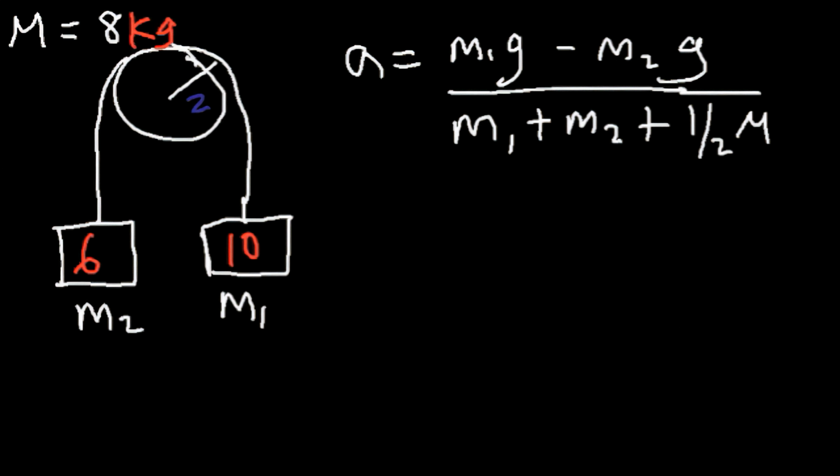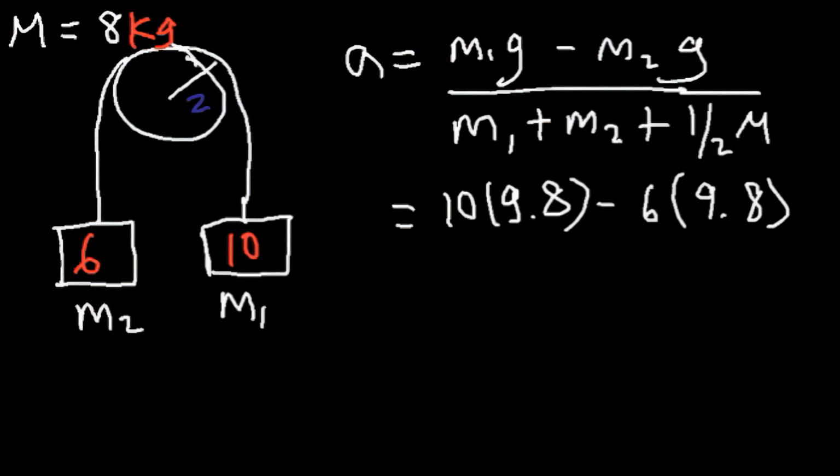So this is going to be the acceleration of the system. So m1g, that's 10 times 9.8 minus m2g, or 6 times 9.8, divided by the total mass. m1 is 10, m2 is 6, plus half of the mass of the pulley, which is 4.